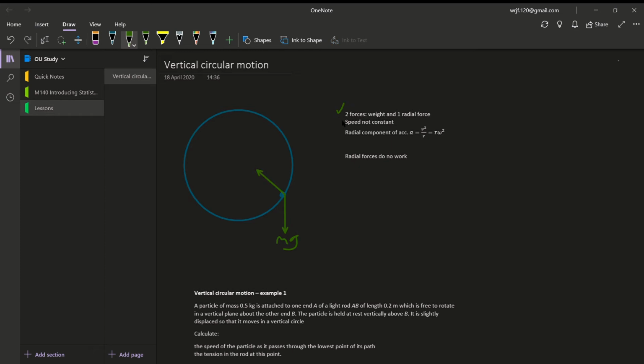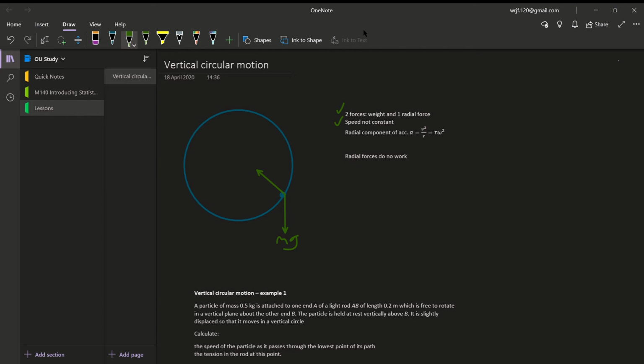Second key point, different from horizontal circular motion, the speed now is not going to be constant. That will have various implications for us. This means obviously that the object is accelerating. It was accelerating in uniform horizontal motion as well, but there we were just looking at a single component of acceleration, the radial acceleration directed in towards the center of the circle.